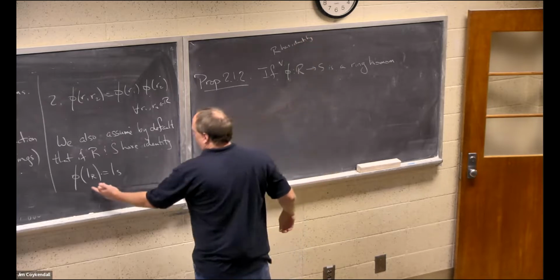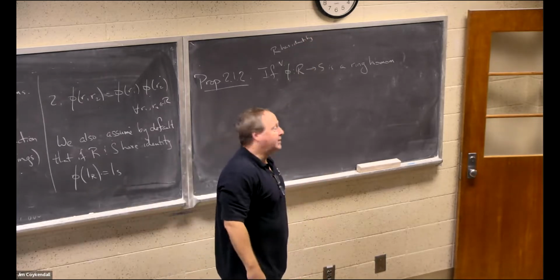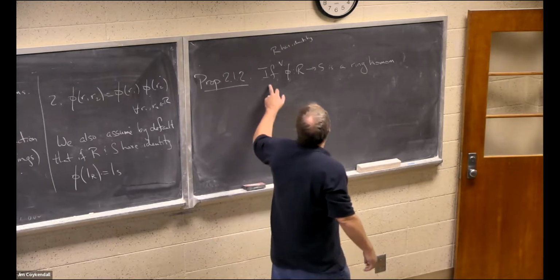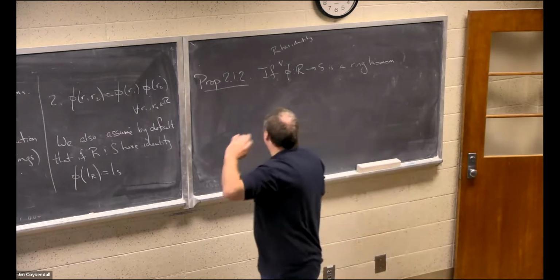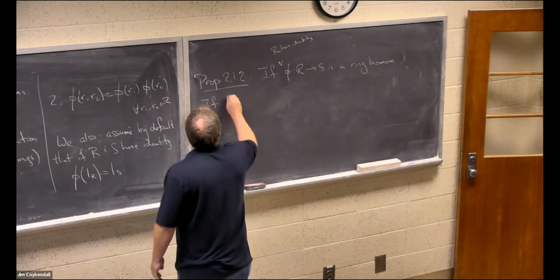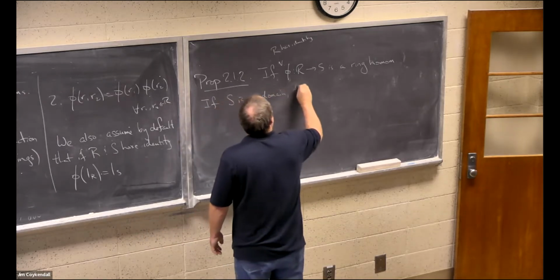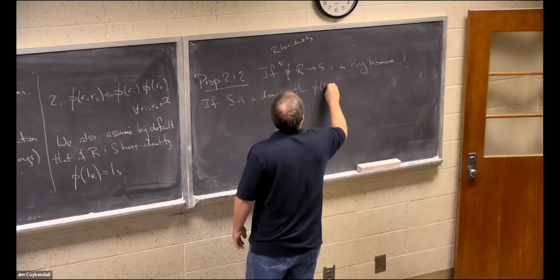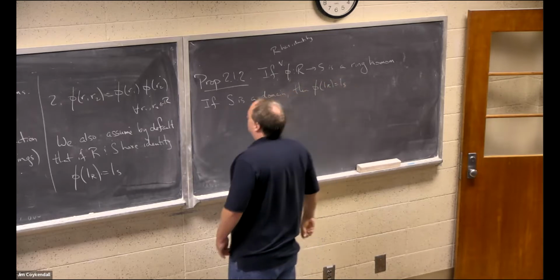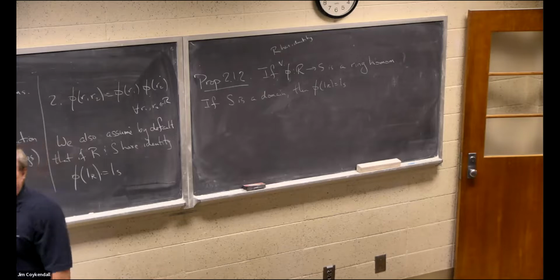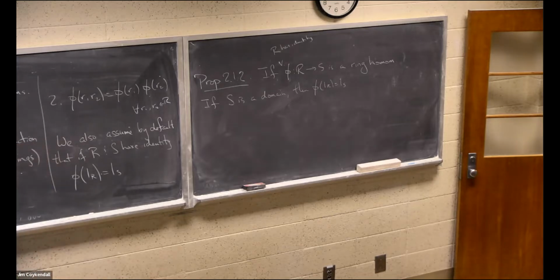After all, if you're not going to assume they have identity, what are you even talking about? If R has identity, and this is a ring homomorphism, and S is a domain, then phi of 1 is 1. So if you have a ring with identity and your codomain is in fact an integral domain, then that's not an assumption anymore. You have to go there.